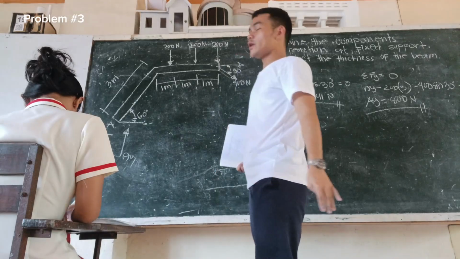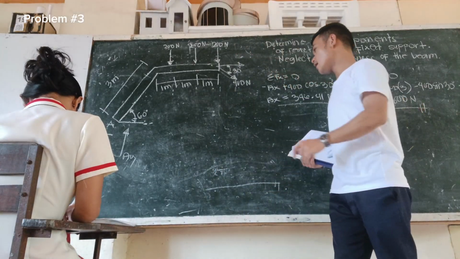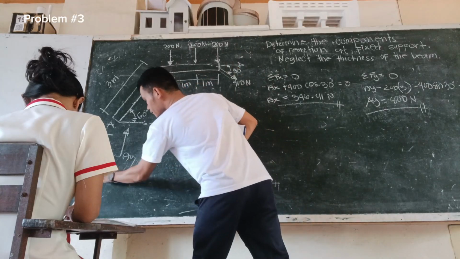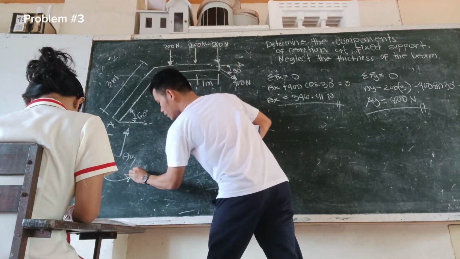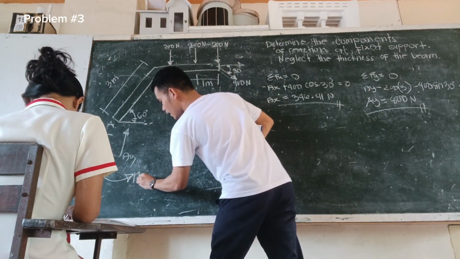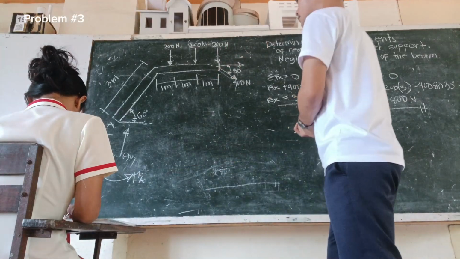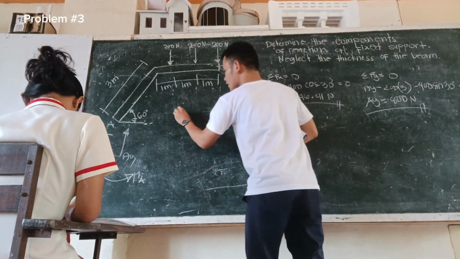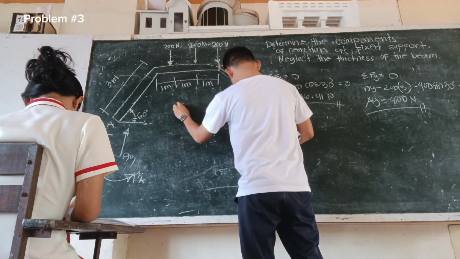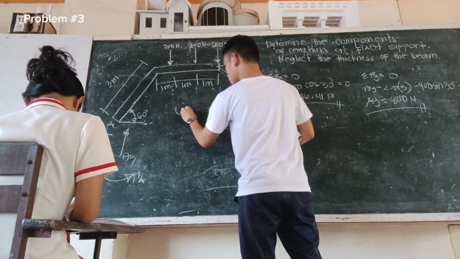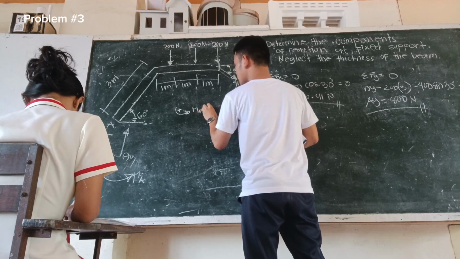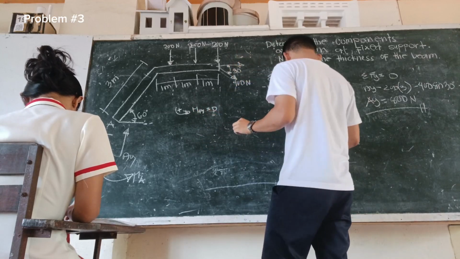The next that we are going to solve is the moment at A. So the summation of moment A is equal to 0.